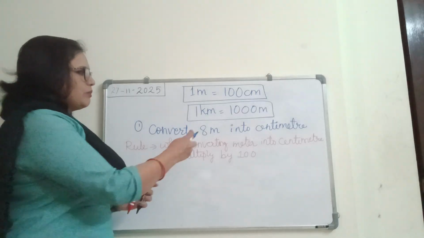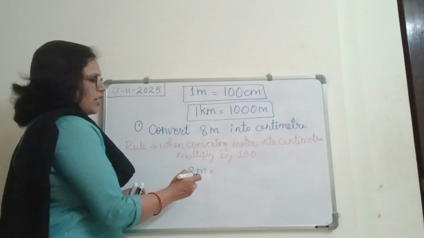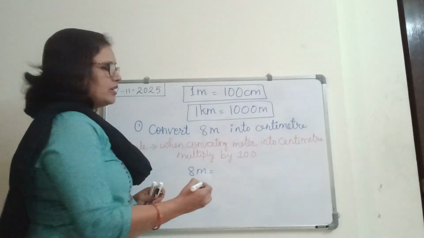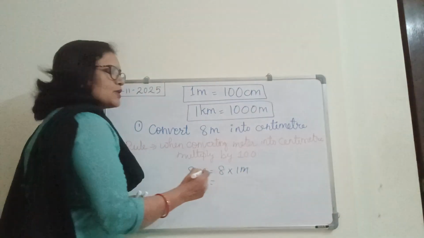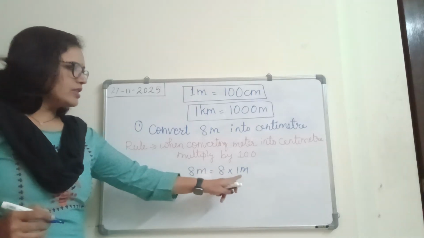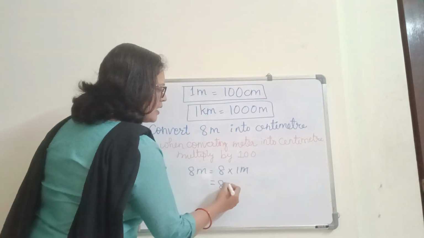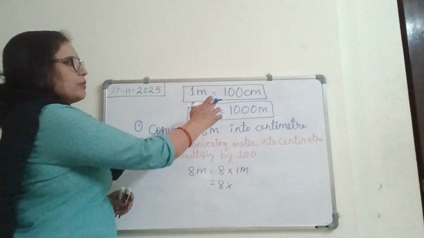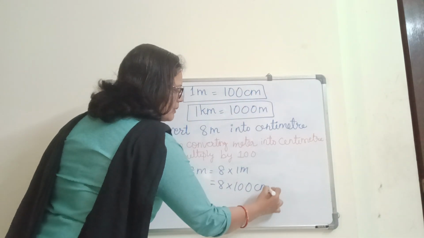Now write 8 meter equal to 8 into 1 meter. Is this the same as 8 meter? Yes, 8 ones are 8. So write down 8 as it is. What does 1 meter mean? 1 meter means 100 centimeter. So write that down here.